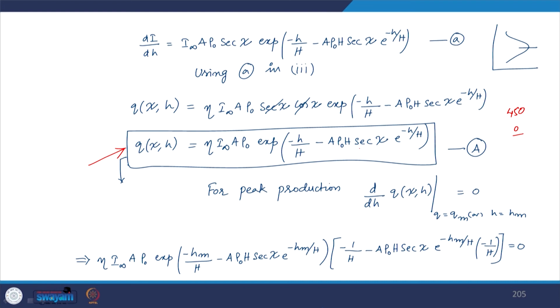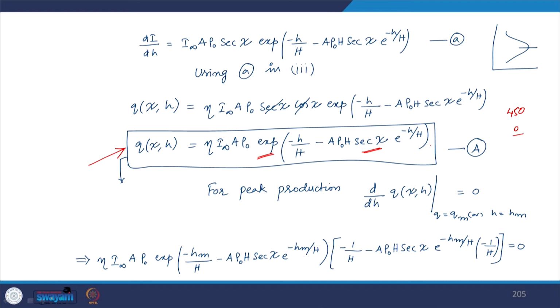There are some exponential terms which guarantee the decreasing trend with respect to height, but we also have some terms with the secant. Due to these two terms, you won't get a linear plot. If you take the capital H to be, say, 10 kilometers and plot this, you will realize that it's not a straight line.